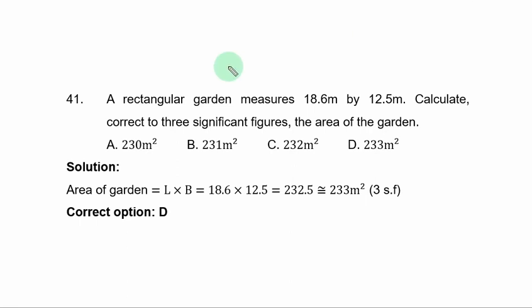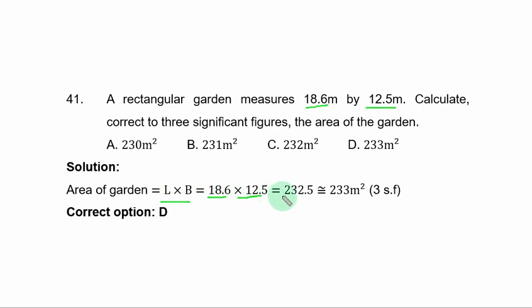Question 41. A rectangular garden measures 18.6 meters by 12.5 meters. Calculate correct to 3SF the area of the garden. The garden is rectangular. Its area is length times breadth. That is 18.6 times 12.5.